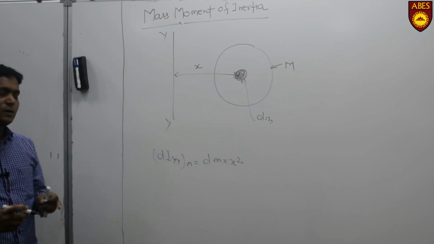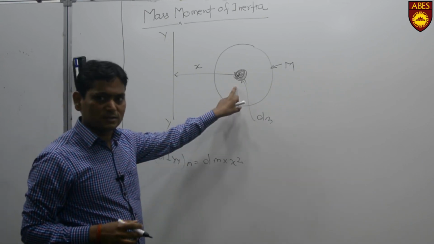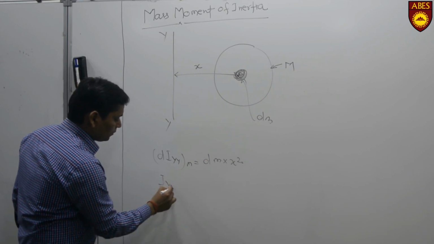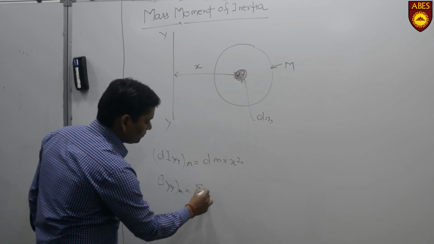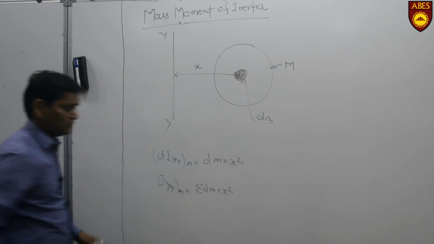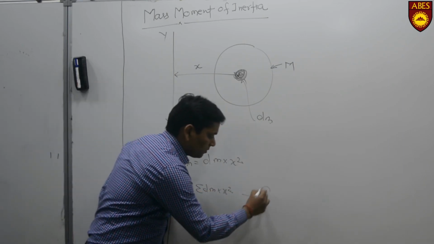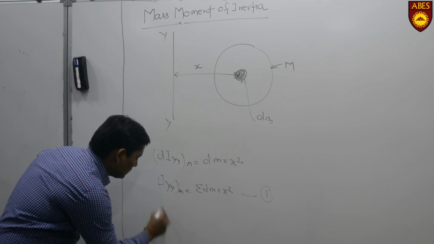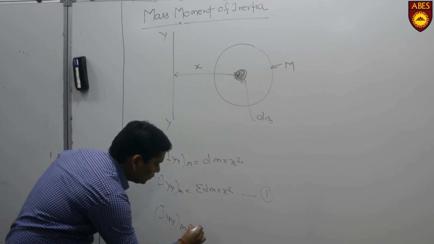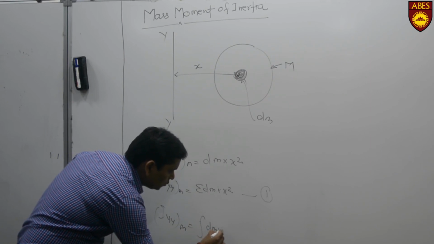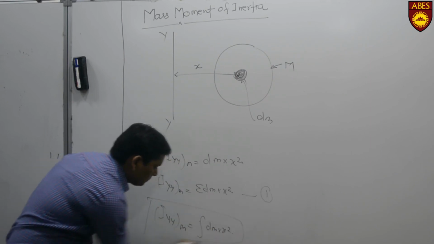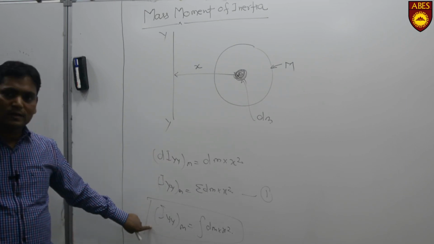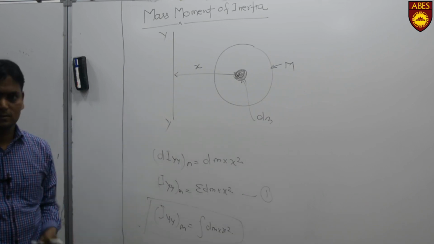Now we will calculate it for the entire solid body: Iyy mass equal to summation of dm into x square. This equation will be equation number 1, and we can write the above equation as Iyy mass equal to integral of dm into x square. This is known as the mass moment of inertia about the y axis.